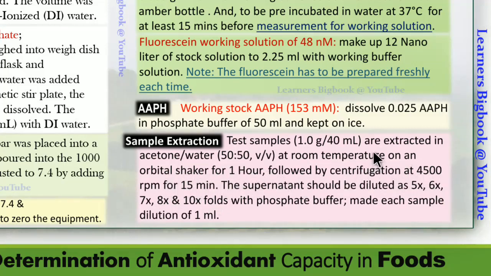Now, we have taken a sample of 1 gram, and we are not mentioning which sample it is.